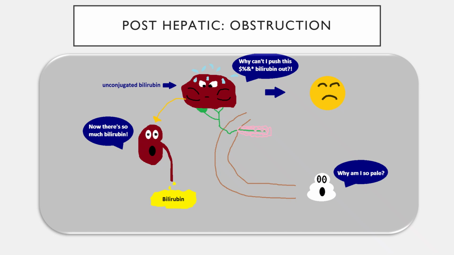The body starts rerouting bilirubin wherever it can. Not efficiently, just wherever. Histotechnologist angle, chronic obstruction can eventually cause secondary biliary cirrhosis. So even though the original problem was post-hepatic, leave it long enough, now the liver becomes structurally damaged too.